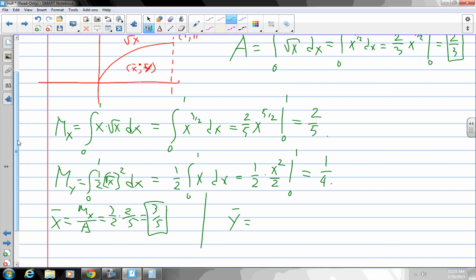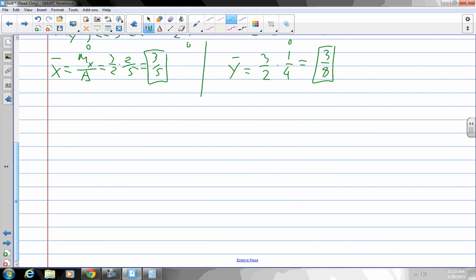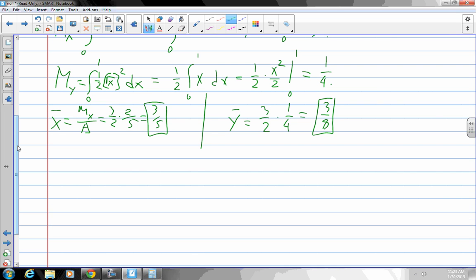Now the other one again is just 3/2 times the moment, so whatever that is, 3/8. So the centroid of this region, the x and the y.